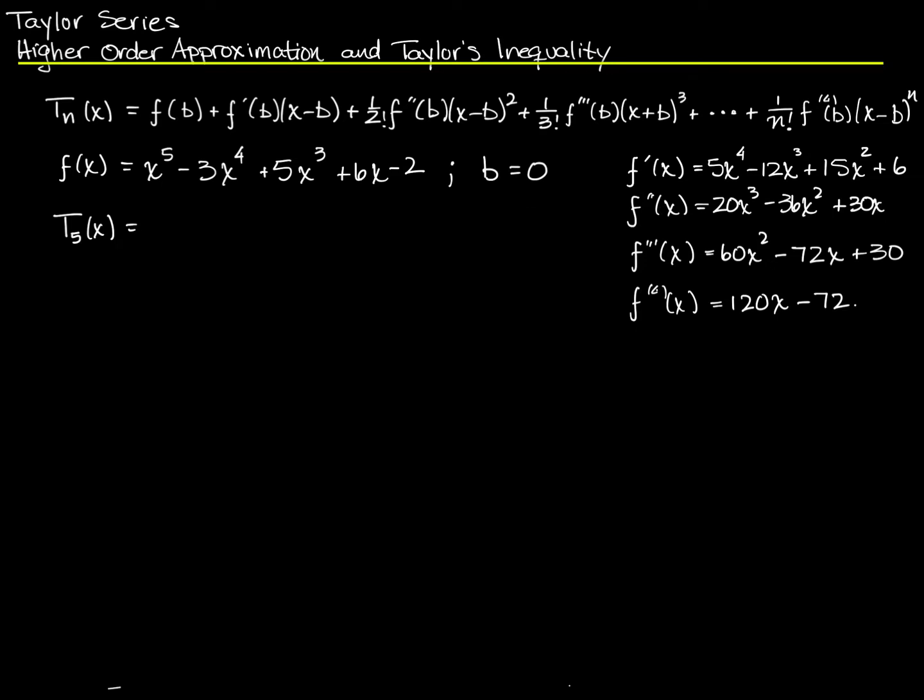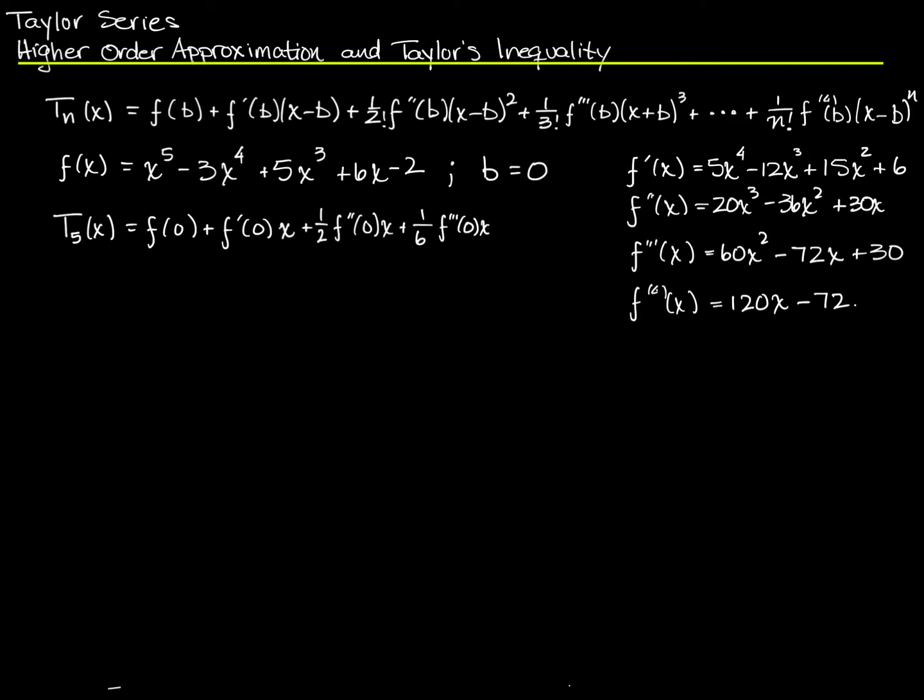Well, I think what I'll do is I'll write this out as f of 0 plus f prime of 0 times, since b is 0, this is just going to be x, so I'll say times x, plus 1 over 2 factorial times f double prime of 0 times x, plus 1 over 3 factorial, which is 6, f triple prime of 0 times x.